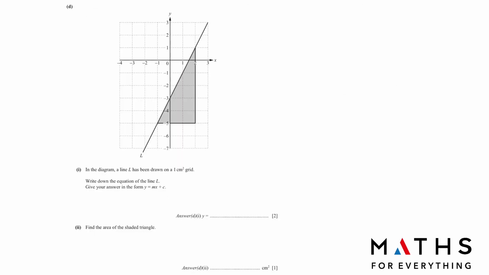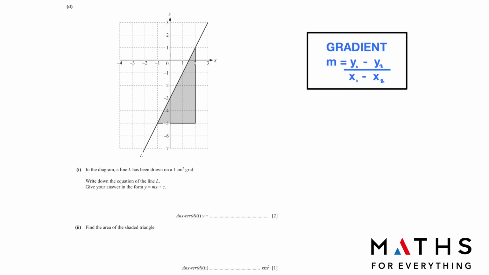In part D, we have been given a line L and we have to write down the equation of the line L. To find the equation of the line, we need to find 2 points that we can use because we'll need to first find the gradient. To find the gradient, y1 minus y2 over x1 minus x2. I always prefer to use points on the x-axis and the y-axis.